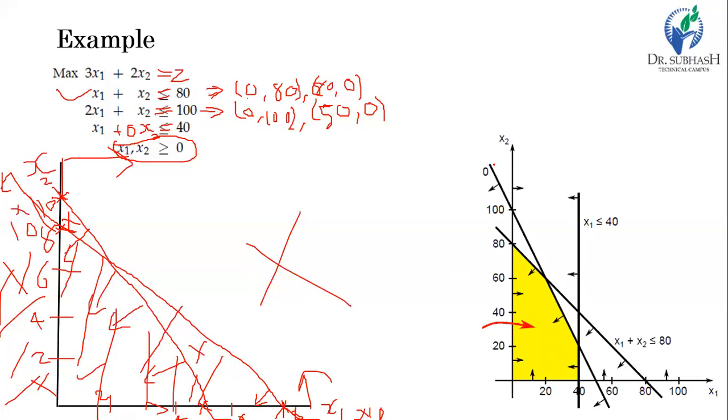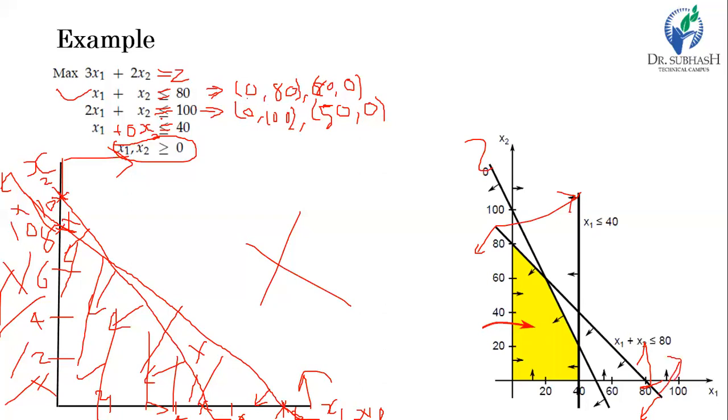This is the line of constraint number 2. This is the line of constraint number 1, which is x1 plus x2 is less than or equal to 100, and the solution will lie on this side because the sign given here is less than or equal to. Keep in mind, if the sign is given as greater than or equal to type, then the arrow must lie the other way, so our solution will lie above this line.